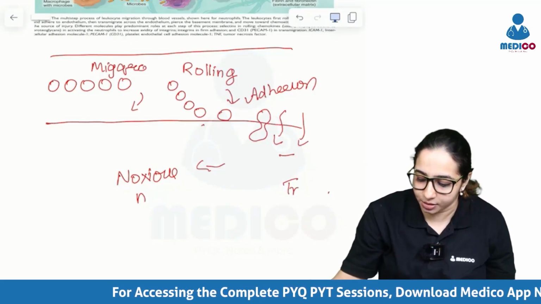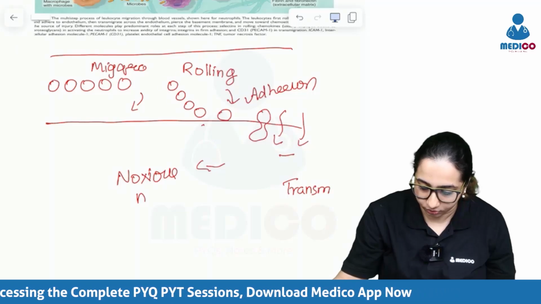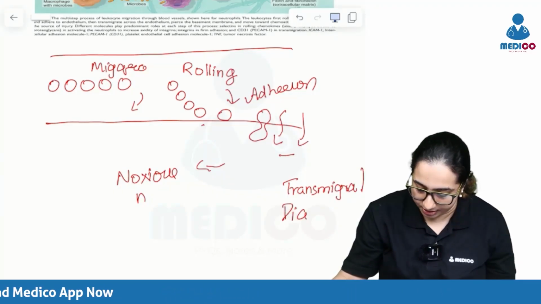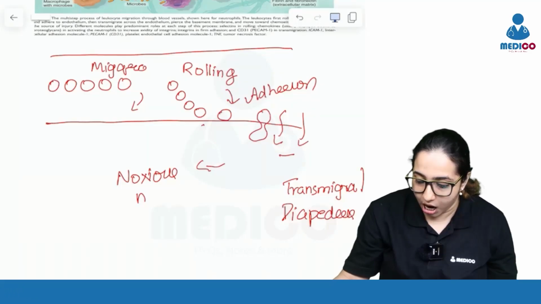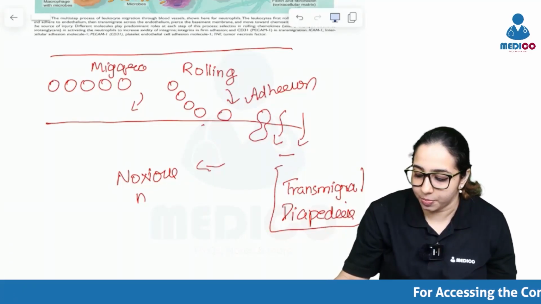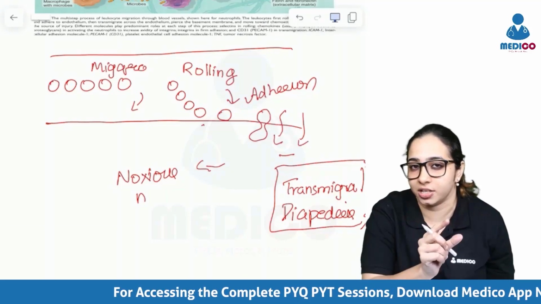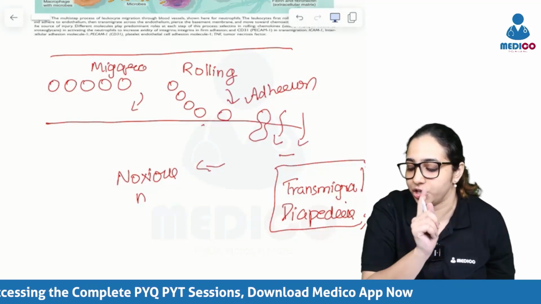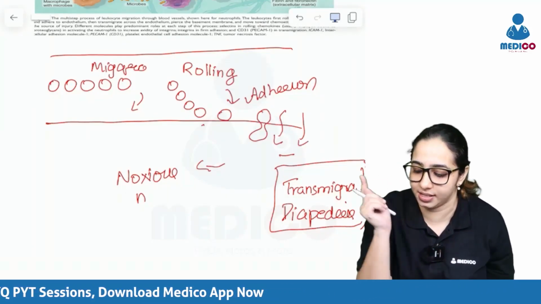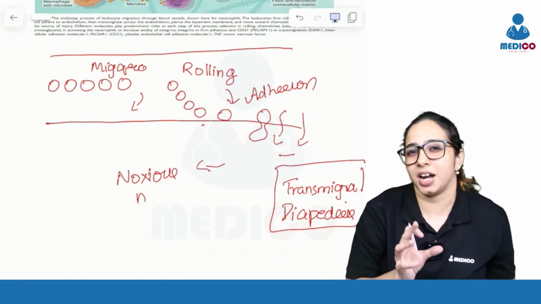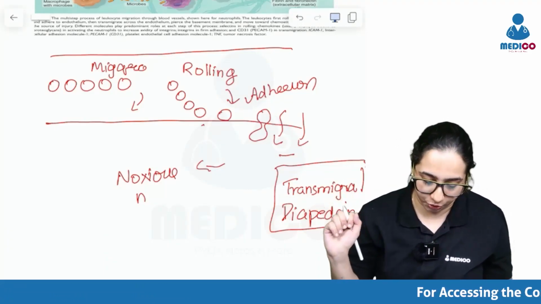Now, this transmigration is also known as diapedesis. I want you to remember this, because sometimes in the options you will not get the word transmigration, you will get diapedesis, and you need to understand both of these are the same. Then there are some particles that help in these leukocyte movements.